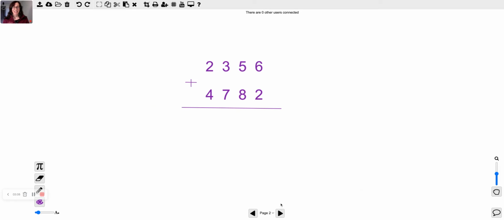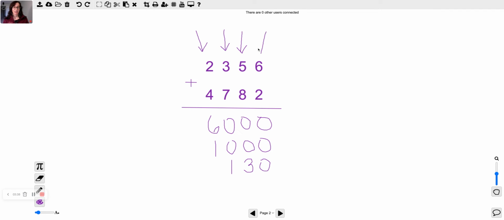So if this way is kind of new to you, let's just do one more. Looking at expanded form, this would be 2,000 plus 4,000, which is really 6,000. Next, we have 300 plus 700, which is a whole other 1,000. 50 plus 80, because that's the tens column, would be 130.